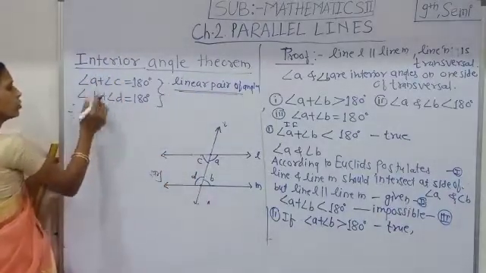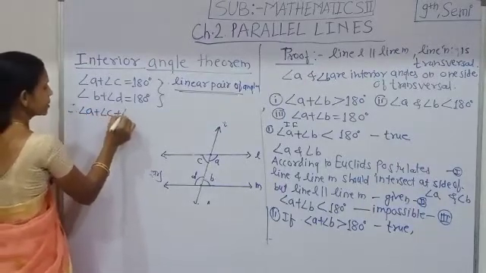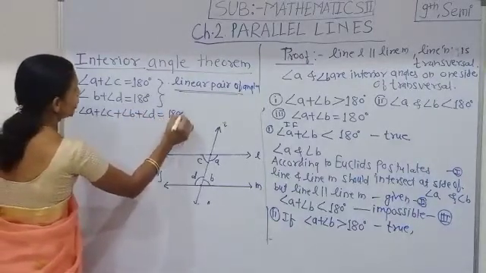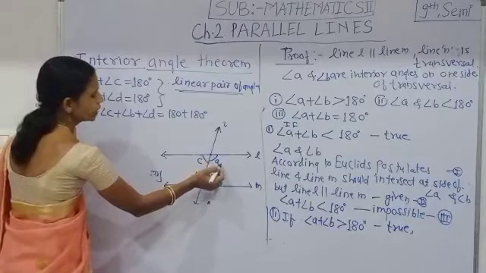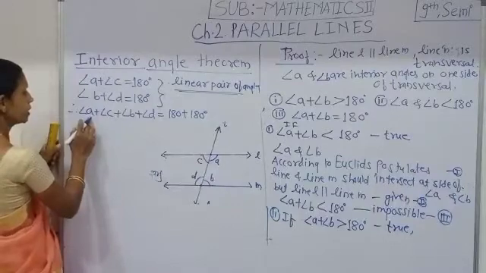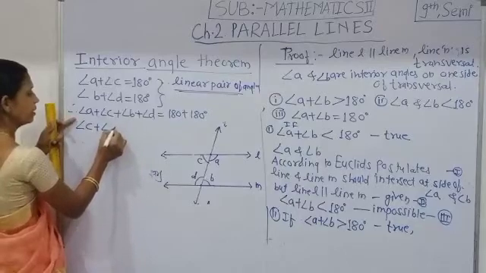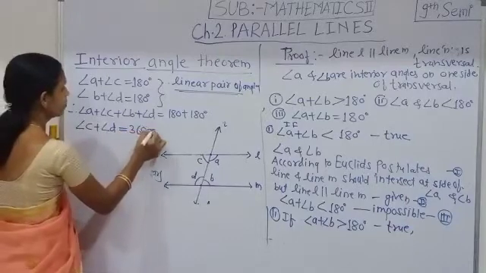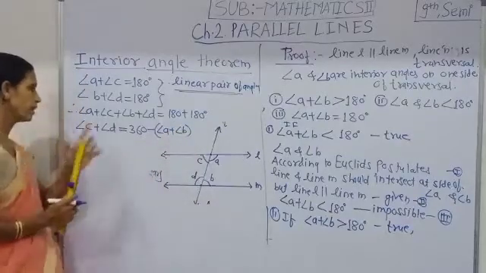Therefore, from those two we can write angle A plus angle C plus angle B plus angle D is equal to 180 plus 180 degrees. Then the sum of angle A and angle B is greater than 180 degrees. Therefore, angle C plus angle D is equal to 360 minus (angle A plus angle B).